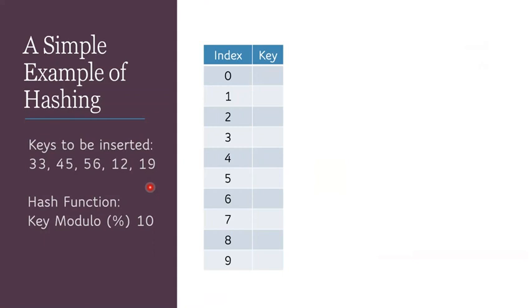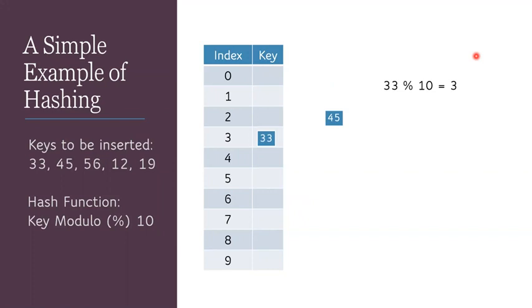The first value is 33. We apply the hash function, that is 33 modulo 10. Modulo gives you the remainder. So when you do 33 divided by 10, the remainder is 3. That's what you get as a result of the modulo function. That means the key 33 would be stored at index 3.